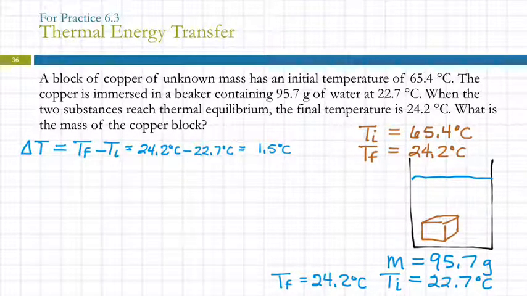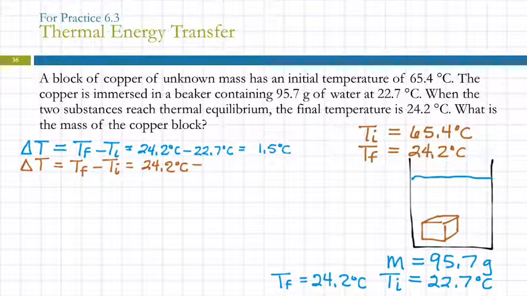For the copper, it's the same type of calculation. The change in temperature for the copper is its final minus initial. Final temperature is the same, 24.2 degrees Celsius. But the initial temperature was different, 65.4 degrees Celsius.